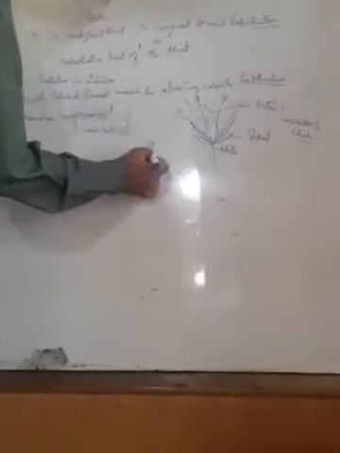The basal narrow stalk is known as the filament, and the top knob-like broader tip is known as the anther.